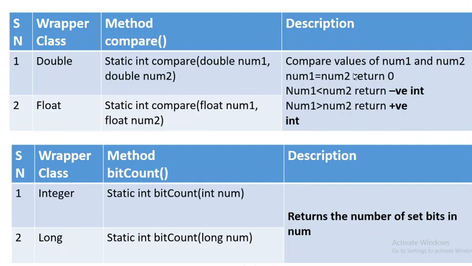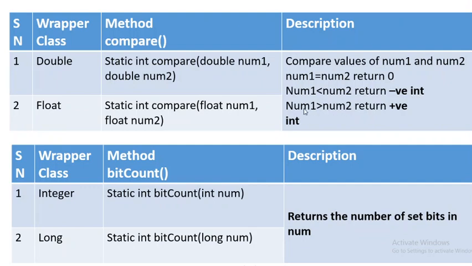Description: how does it compare these two numbers? Compares the value of num1 and num2. See, return type is integer. So if num1 and num2, both of these numbers are exactly the same, then the return value will be 0. Whereas if num1 is less than num2, the return value will be a negative number.